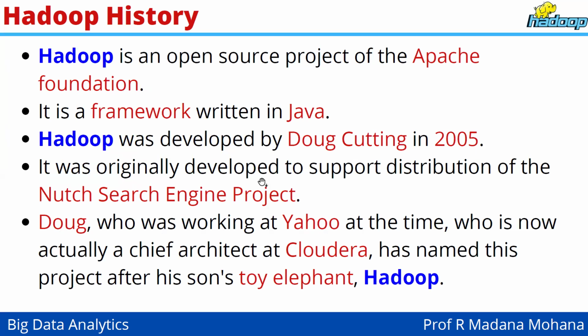It was originally developed to support distribution of the Nutch search engine project. Doug, who was working at Yahoo at that time and is now the chief architect at Cloudera, named this project after his son's toy elephant named Hadoop. That's why the icon of Hadoop is an elephant image.